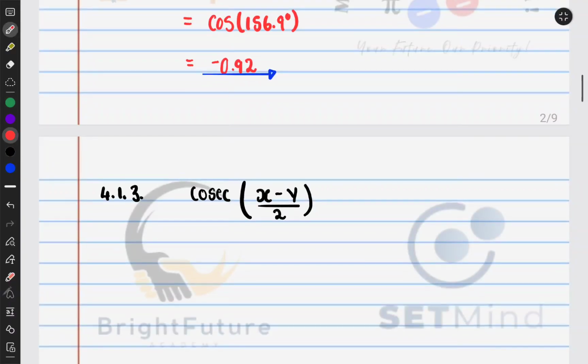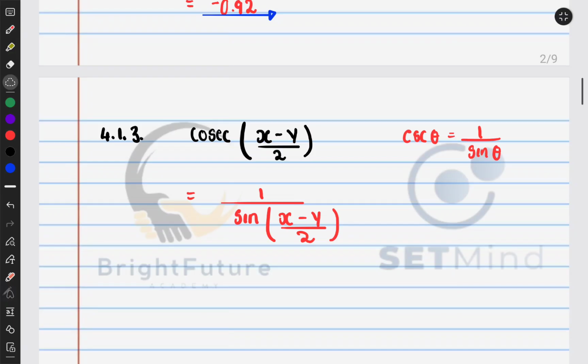And remember, cosec theta is the same as 1 over sine theta. Okay, so just a quick reminder of that. So this is going to be equal to 1 over sine of this angle. Just realize that this was going to be easier if we calculated what is within the bracket first, but it's okay, we'll just continue with this.